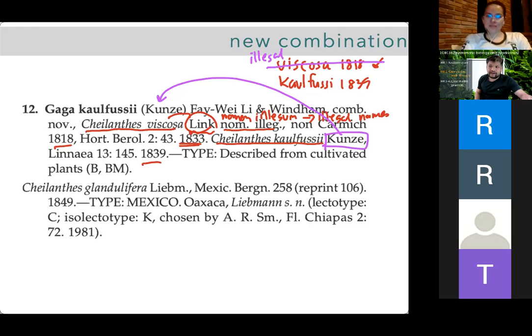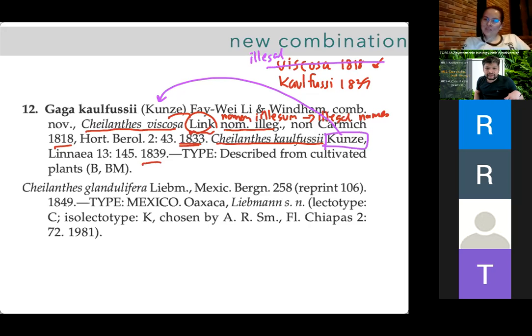Even though they have priority by date, as I said, priority comes with valid publication. Why is it illegal? This is like one of those snake games, we keep going.